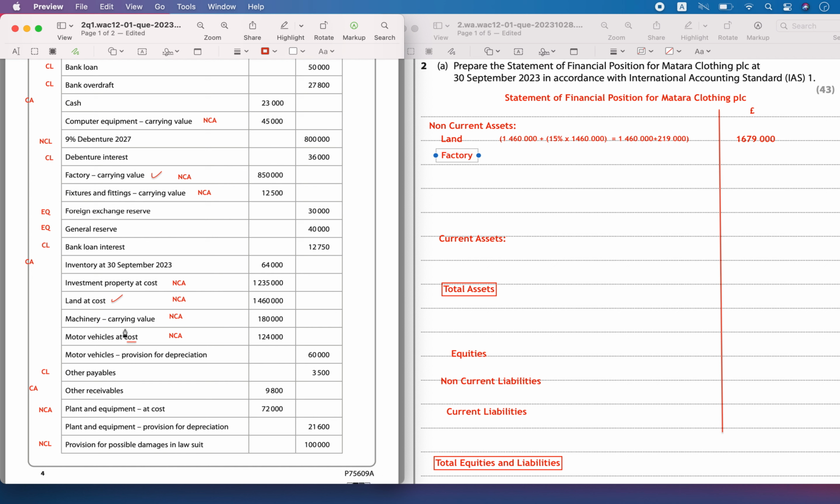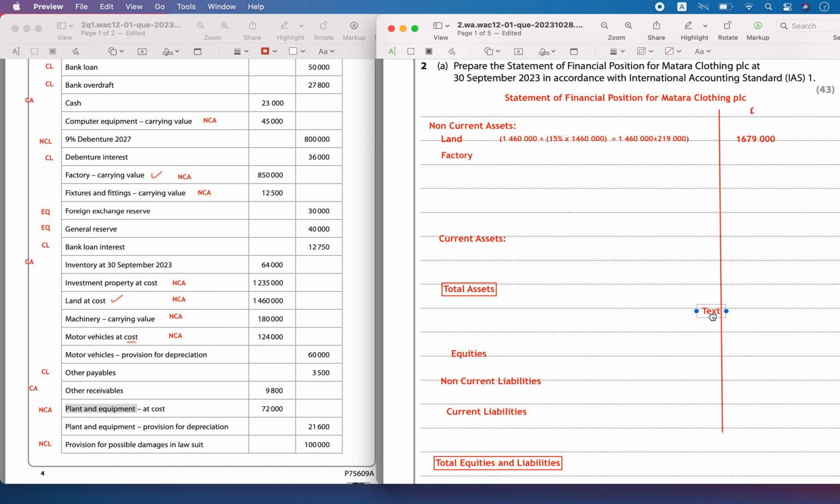Then you have the plant and equipment, okay, plant and equipment at cost. Plant and equipment at their carrying value you have to put. Okay, we have to calculate that.